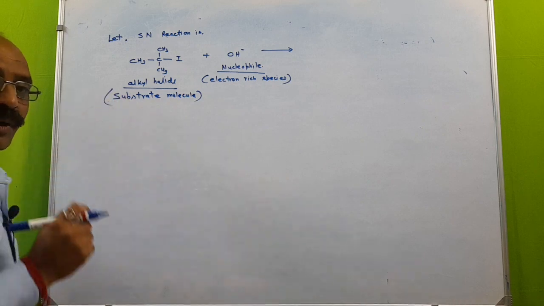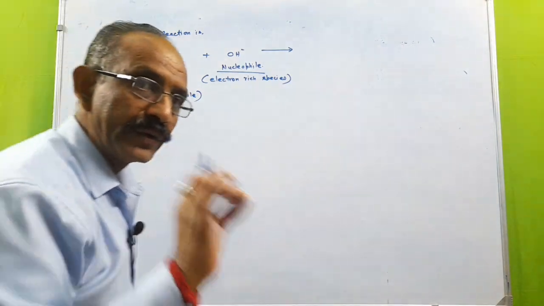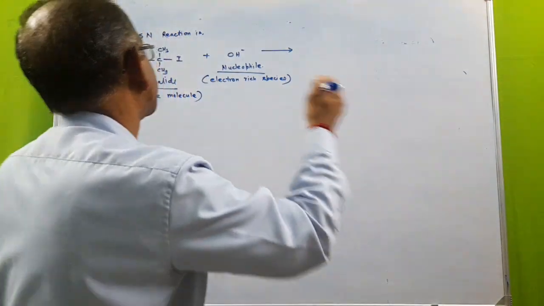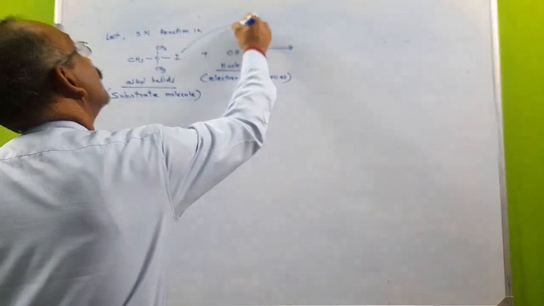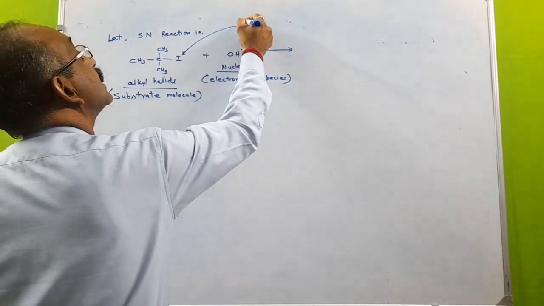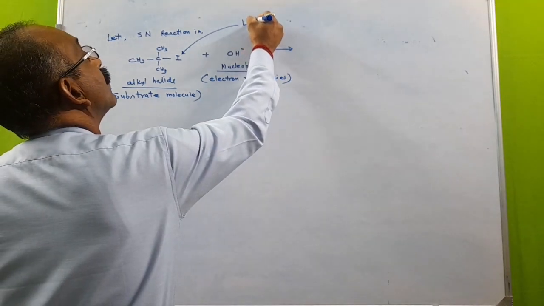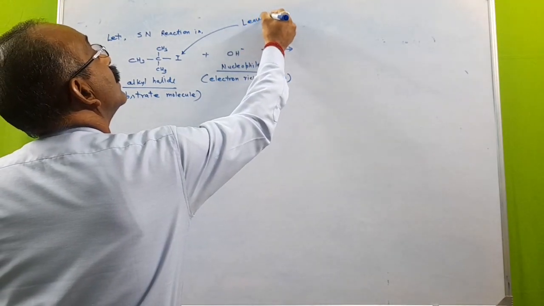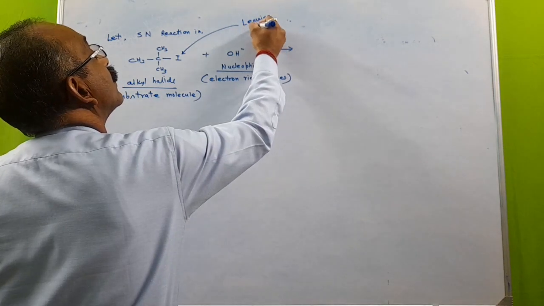In this substrate molecule, the atom or group which is to be replaced, means as here in this case we have to remove this I. So this one is called what? Leaving group.